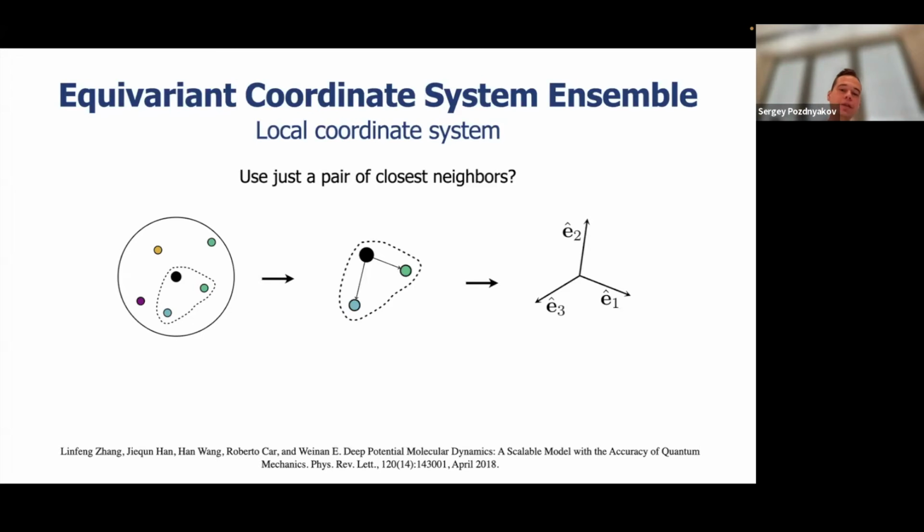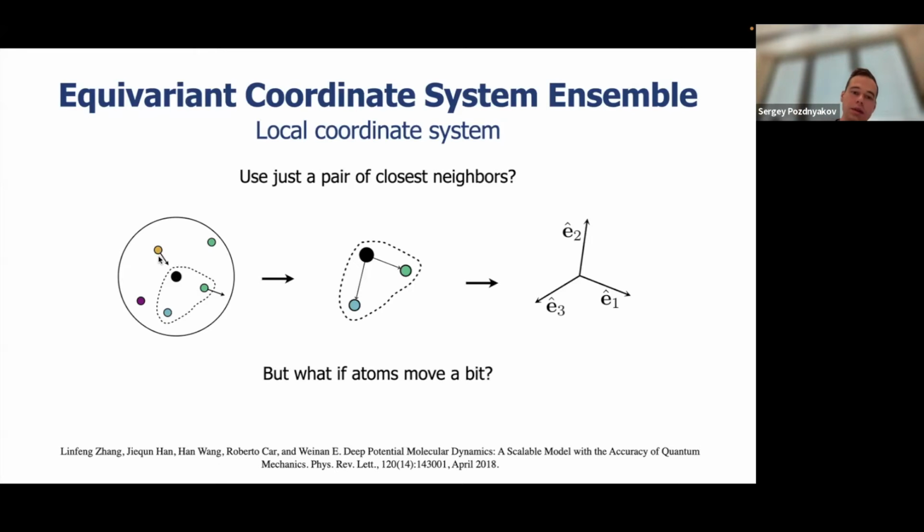Unfortunately, no. Life is not so easy, and actually we have to think about what happens if atoms move a bit. Namely, imagine that the green atom moves away from the central atom and the yellow atom moves towards the central atom.